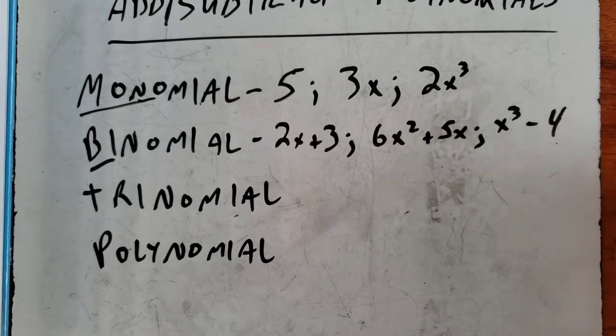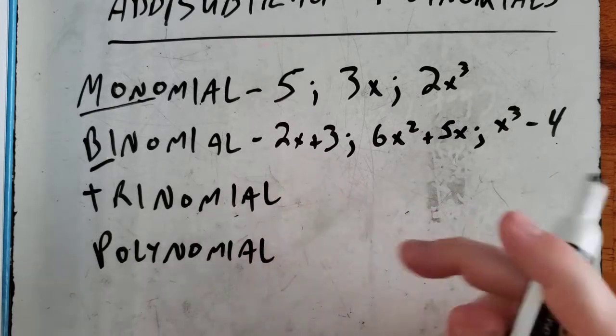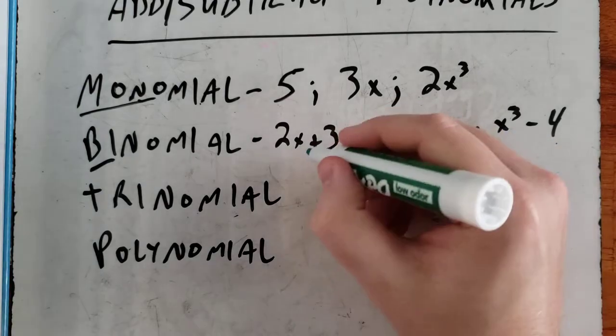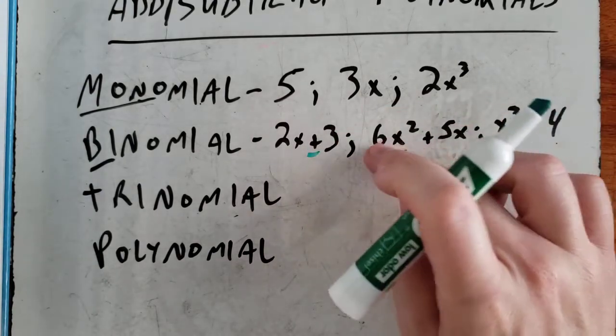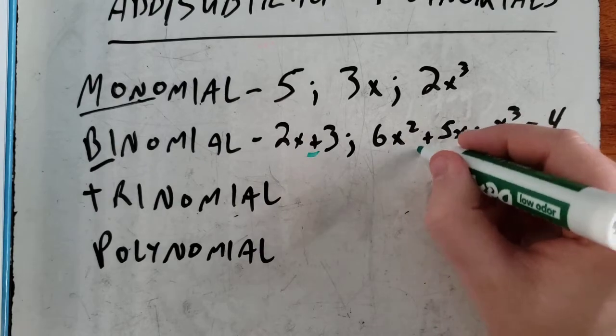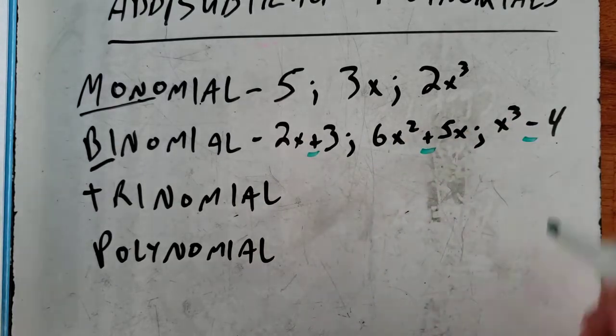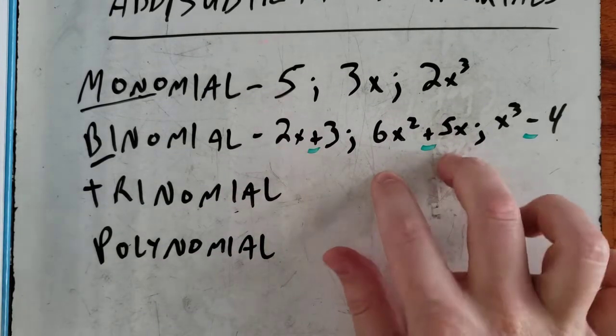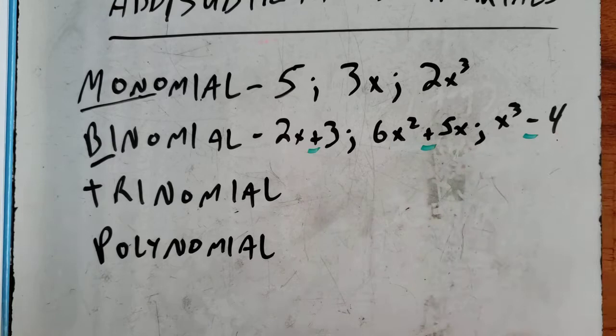There's always a sign in between these things to show you that there's two terms, right? There's 6x squared, 5x, x to the third, 4. These are two different terms.